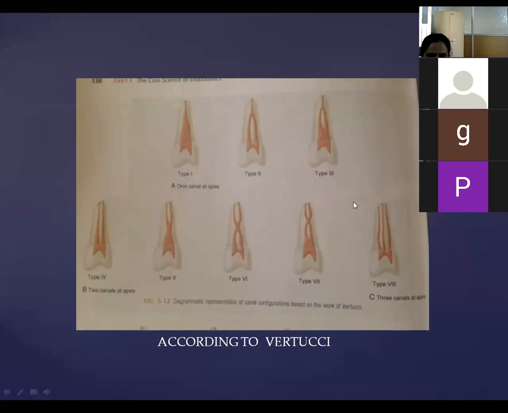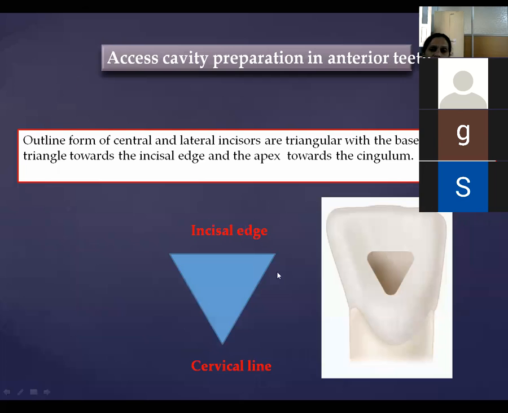Type 7 is one canal that separates into two, joins into one again, and again separates. Type 8 is three separate canals and three separate openings. So now starting with the proper access cavity preparation in anterior teeth.